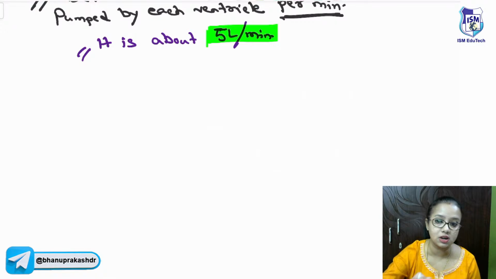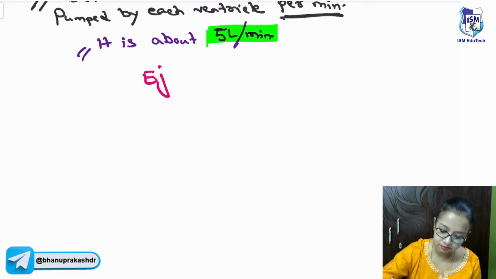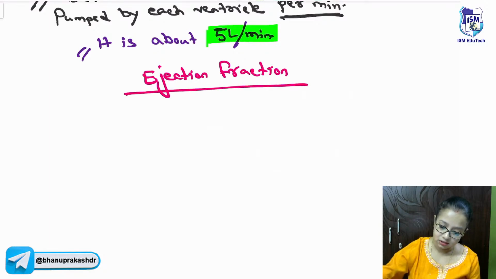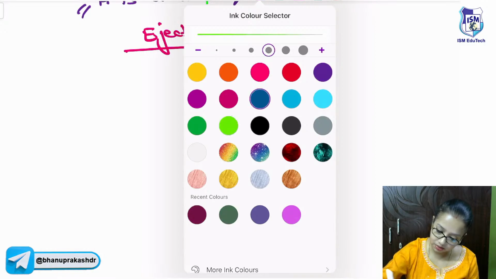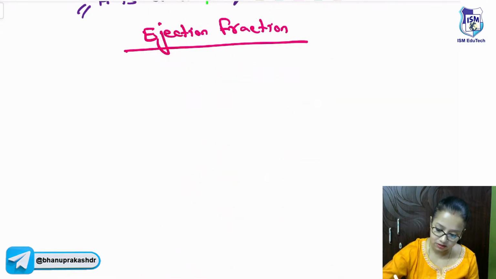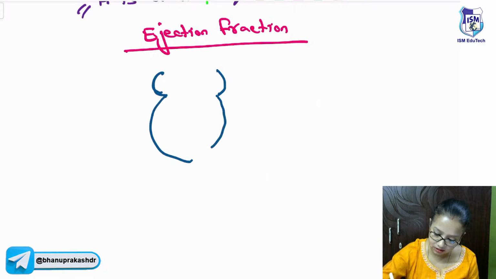Now in context to cardiac output, another terminology that we have to understand and remember is the ejection fraction. Okay, so understand that. Let's go by the diagram. Say this is the ventricle, right?